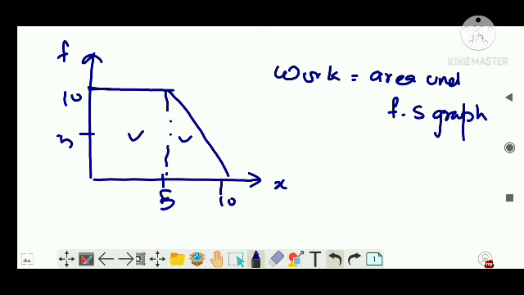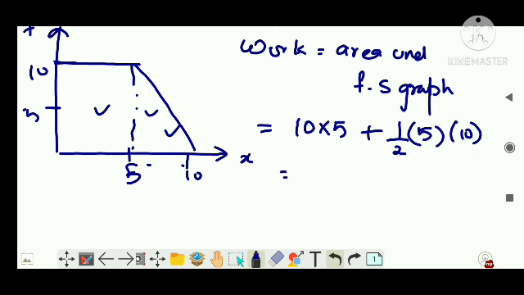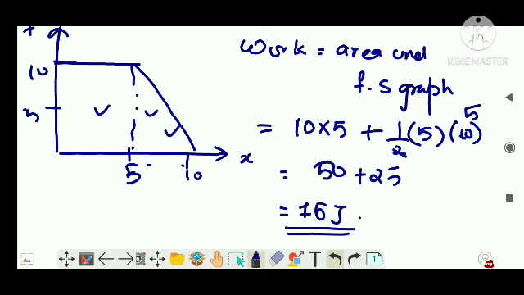There are two sections, one is a rectangle and the other is a triangle. The rectangle is 10 into 5, plus the triangle, half into base, which is 5, into height, which is 10. So you will get 50 plus 50 by 2, which is 25. So you will get 75 joule as the work done. Clear? 75 joule.